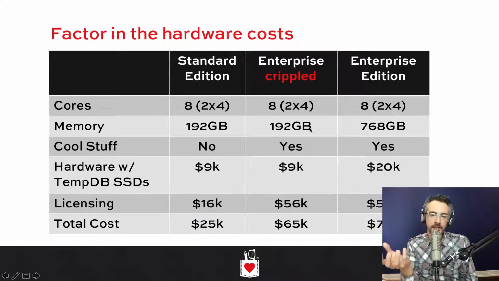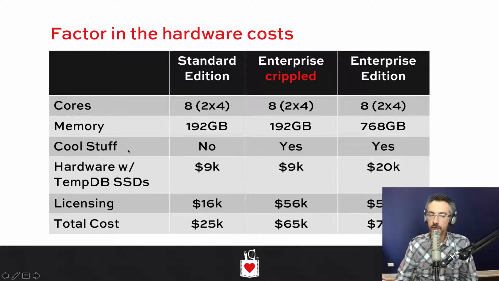Let me put the costs in different terms. Instead of looking at just the licensing, let's include some hardware. For Standard Edition, with an 8-core box, with 192 gigs of RAM, and with solid-state drives for TempDB.